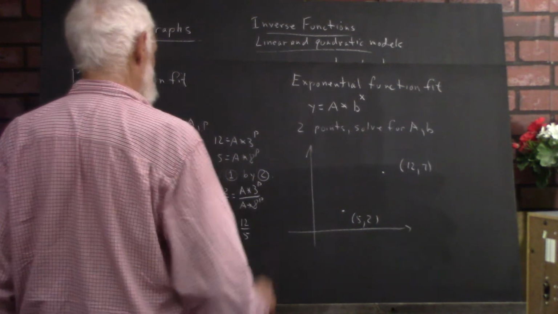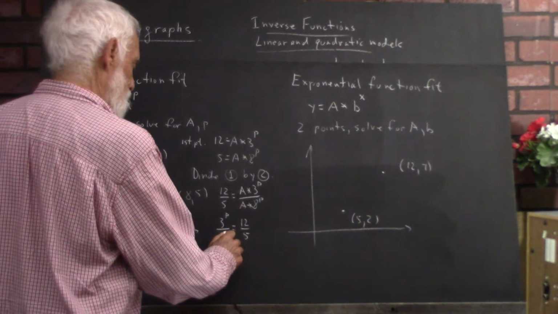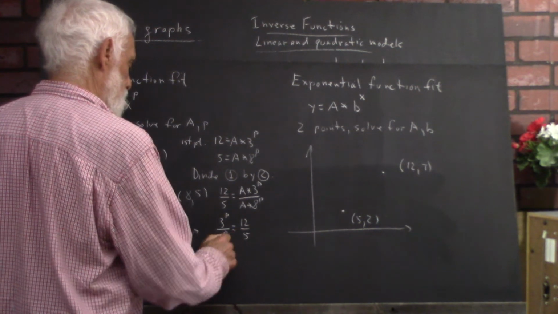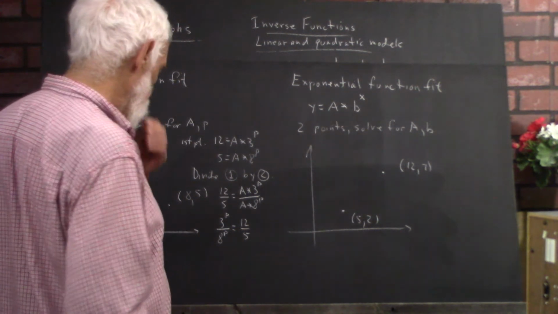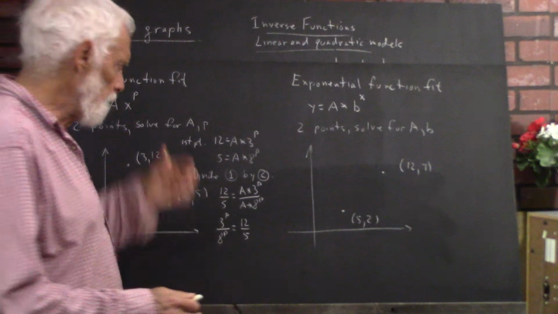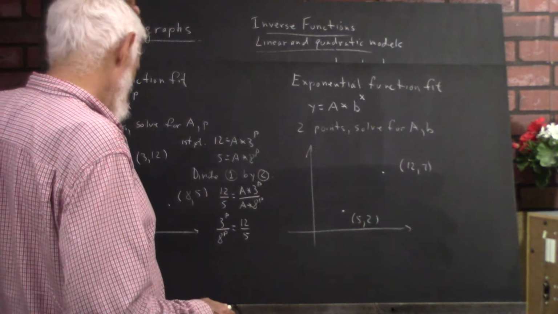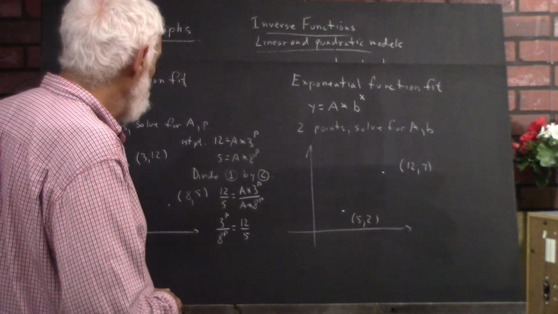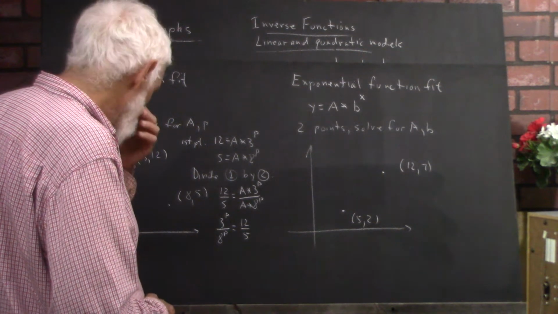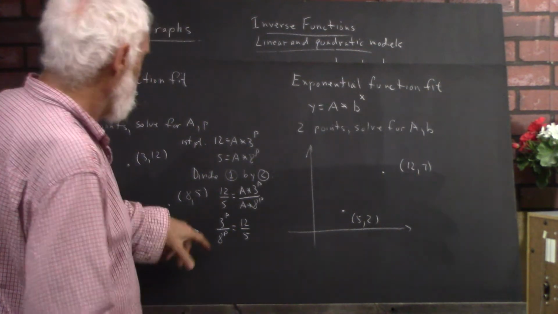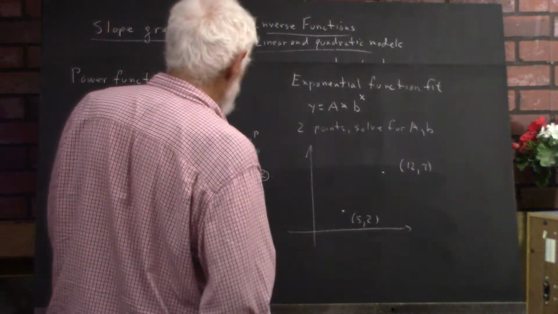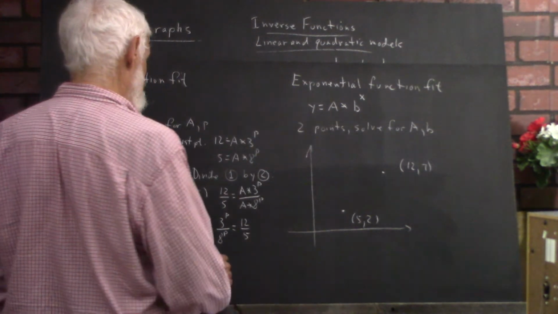equals 12/5. Now, here's where I see a lot of weakness in algebra, and that's why one of the prerequisites for this course is supposed to be pretty strong algebra, pretty good performance in math courses, up through at least algebra 2 and hopefully beyond. So, what do you do with 3 to the p over 8 to the p? Well, it's pretty simple.